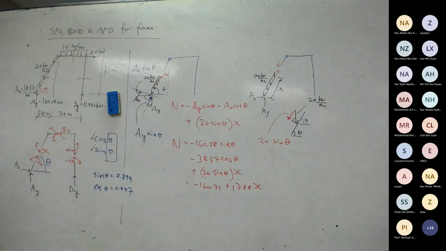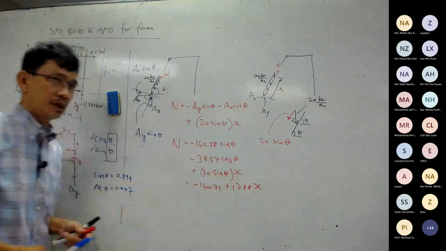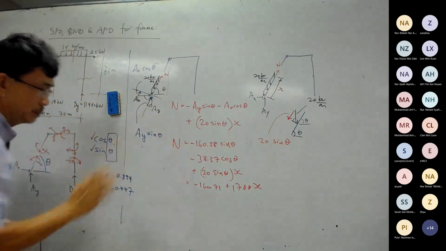Okay. Now, class, the inclination of this member can also be represented by this angle. It depends on what angle you want to use. If you use the angle alpha, then of course the sine maybe becomes cos, cos maybe becomes sine, but the answer will be the same.